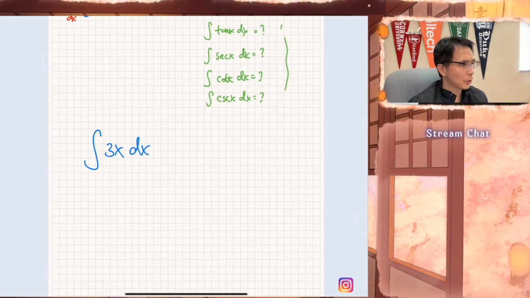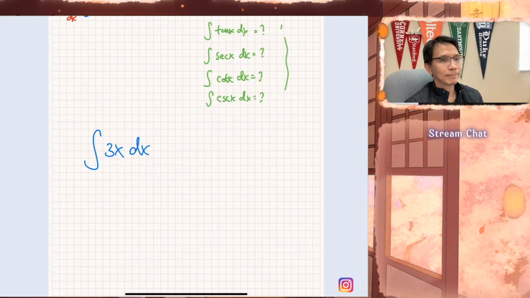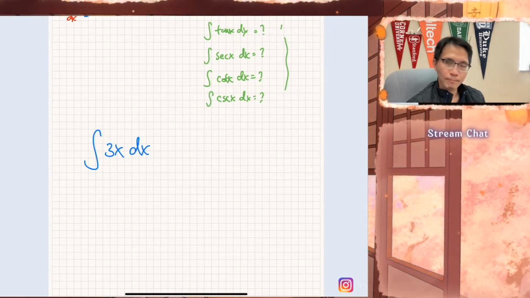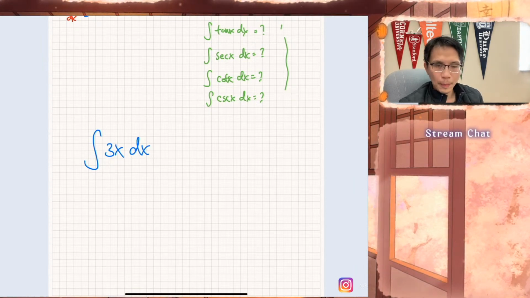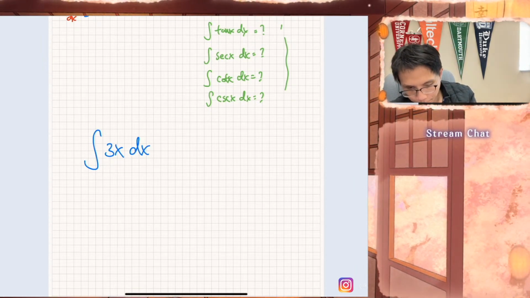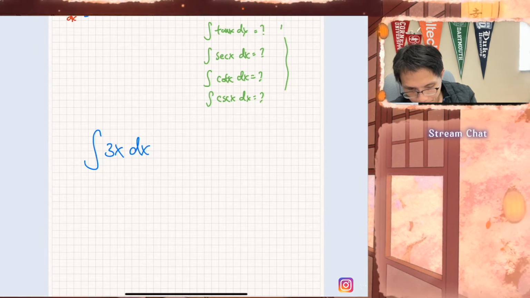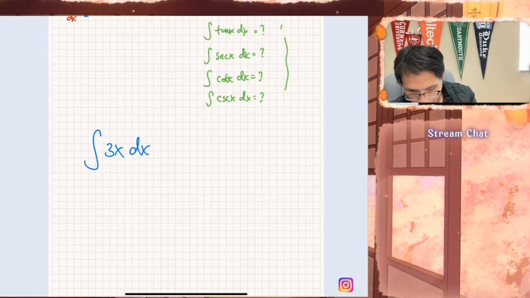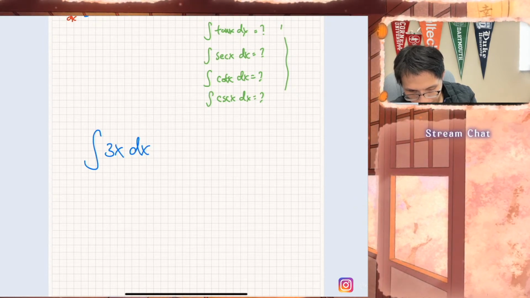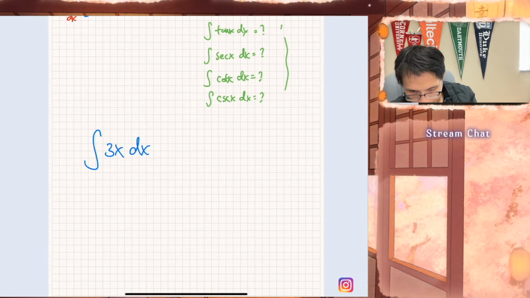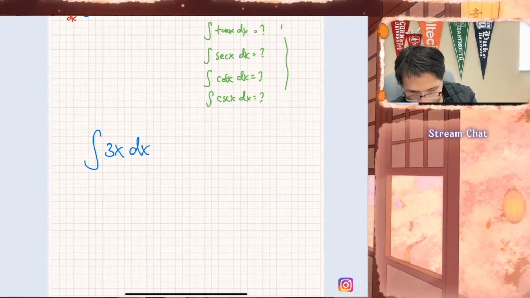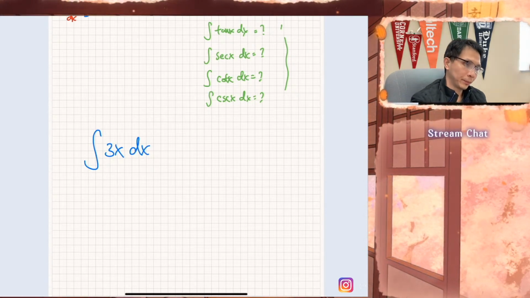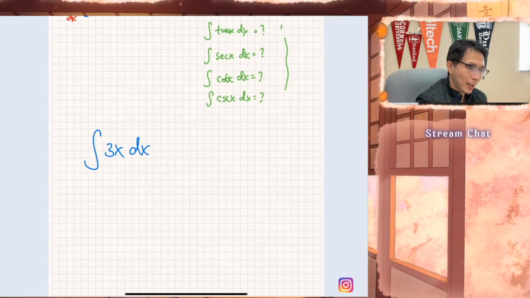Okay, so do you guys know what integration of 3x dx is? x to the 3 plus c. No? Can I take the 3 outside?